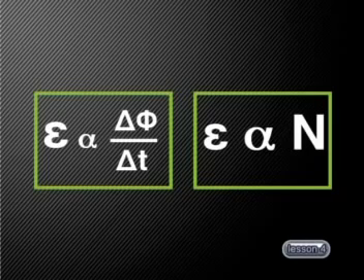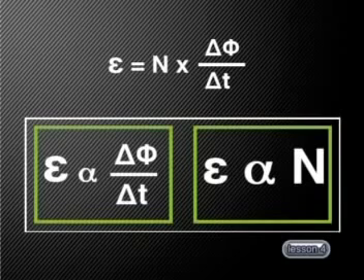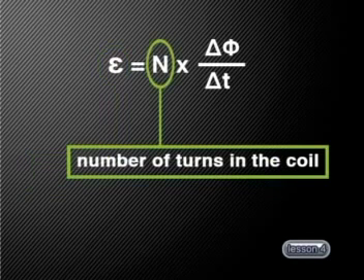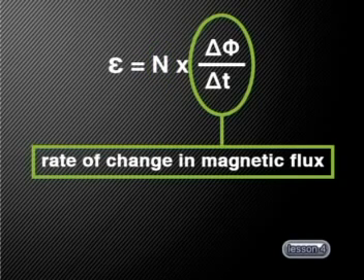Now we can combine the two relationships we have found and write an equation for Faraday's law as follows. E is equal to N times delta phi divided by delta t. E stands for the magnitude of the induced EMF, N the number of turns in the coil, and delta phi over delta t is the rate of the change in magnetic flux.